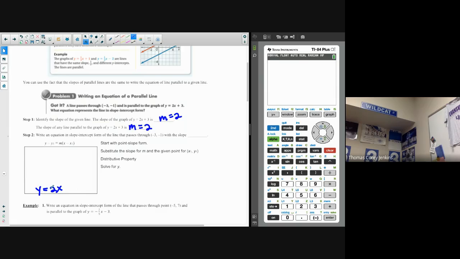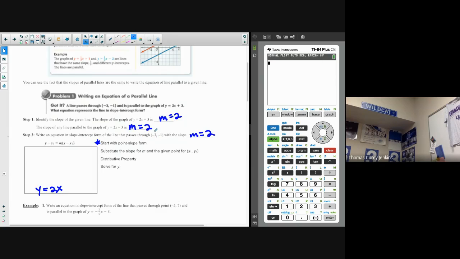Okay, the tougher part, which you already know how to do, is now how do we make it go through a certain point? So step 2, write an equation in slope-intercept form with the slope m equals 2. Okay, so here should be your steps. We want to start with point-slope form. Okay, so I'm going to do that right here. Start with point-slope form.